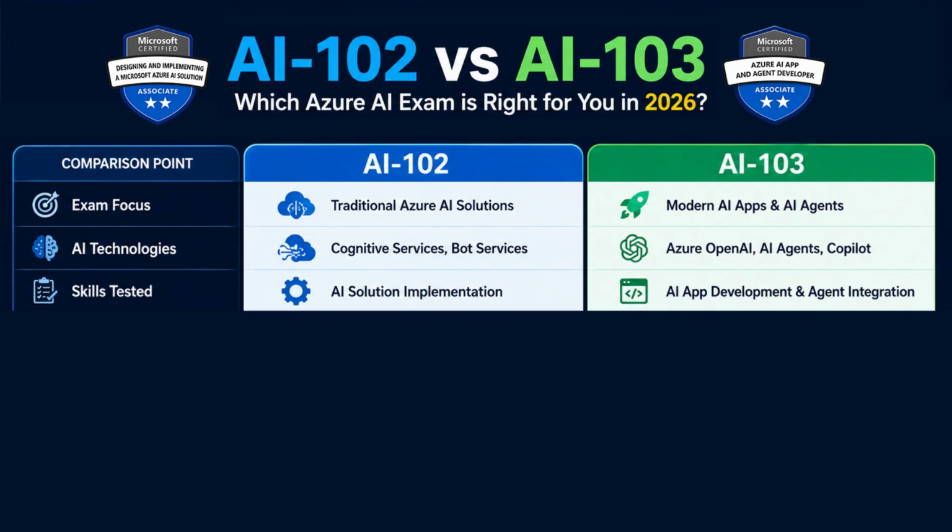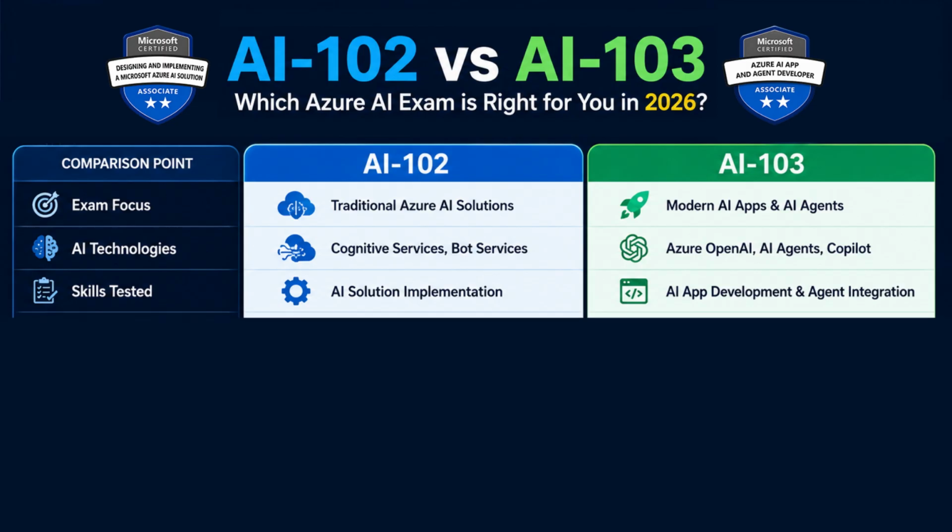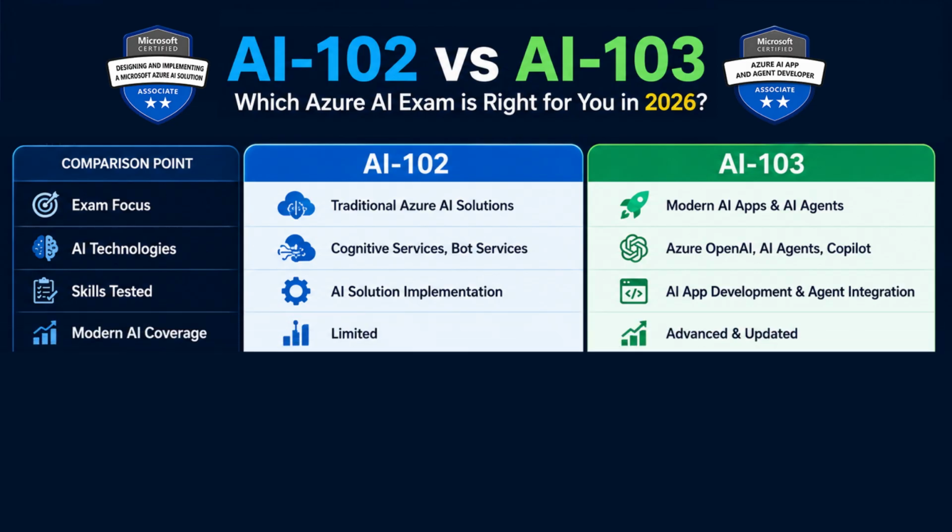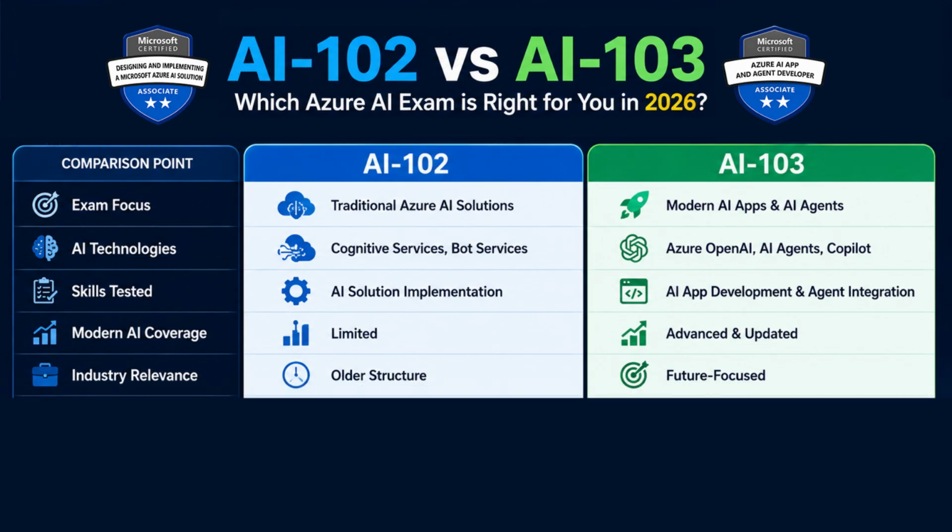Now let's talk about the skills tested. AI-102 tests AI solution implementation skills, while AI-103 focuses more on AI app development and agent integration. Moving toward modern AI coverage, AI-102 has limited modern AI concepts, but AI-103 is more advanced and updated according to current AI trends. In terms of industry relevance, AI-102 follows an older structure, whereas AI-103 is more future-focused.